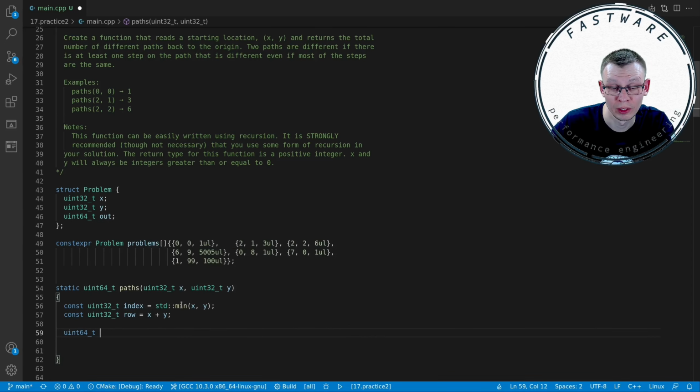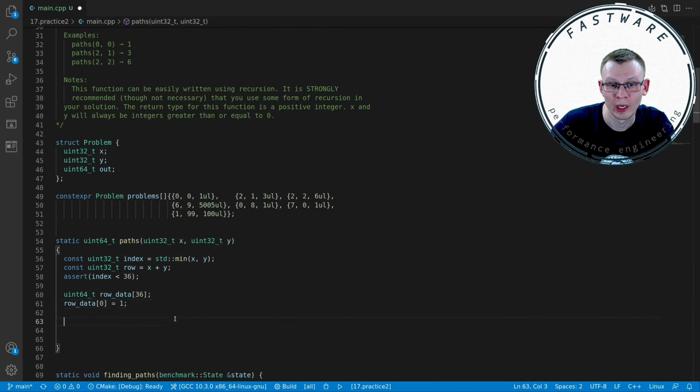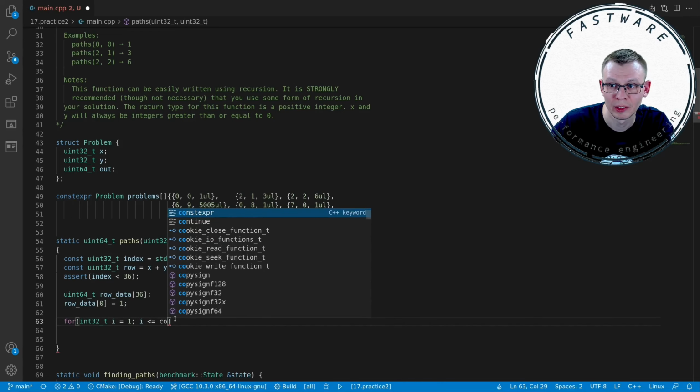That obviously helps. It's less steps and I can actually do something. Now I initialize row data to 36 elements. Can anybody tell me why I only need 36 elements? Pause it, think for a couple of minutes and let me know.